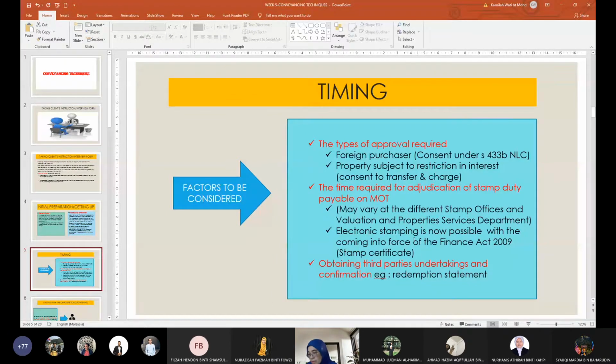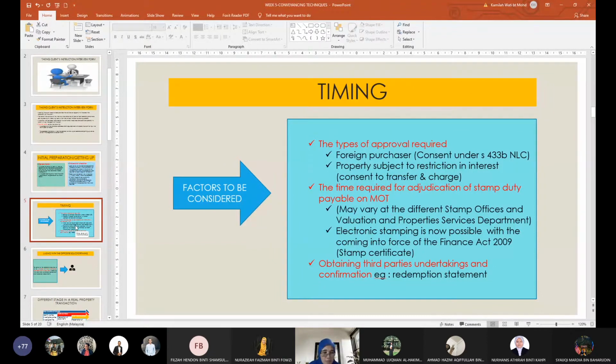For example, suddenly the vendor solicitor takes a month just to give one letter to this lawyer. If we do not exclude this delay, it will affect our client's interest. So all this has to be taken into account. Later when you go through the sale and purchase agreement, you will see some of the exclusion clauses placed in the agreement pertaining to this process. We will look at it in detail later.